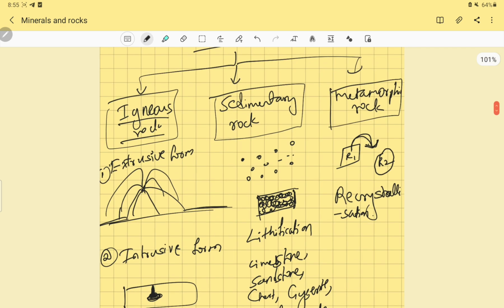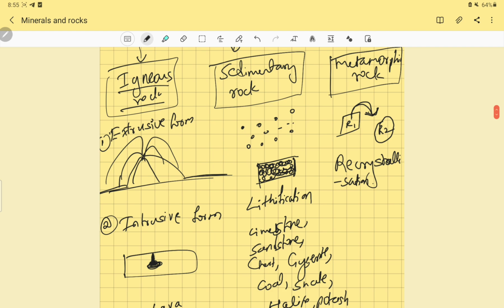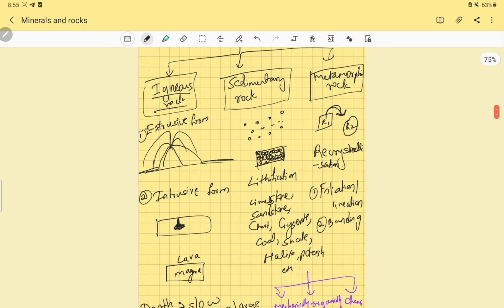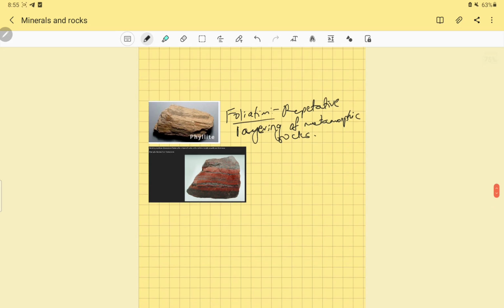Okay, so this one is clear. And now some important terms that we often hear in metamorphic rocks are foliation, or lineation. Then we hear a word called banding. I'll show you with the pictures here what foliation and lineation mean.